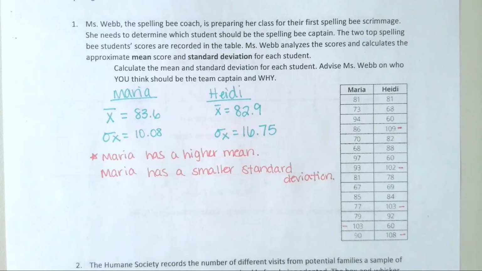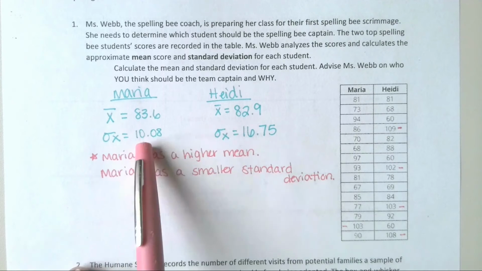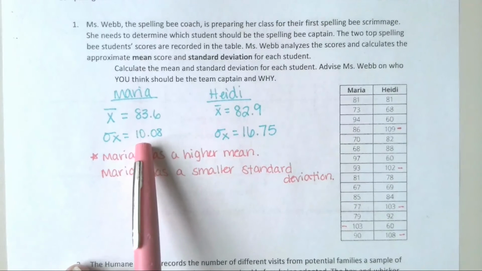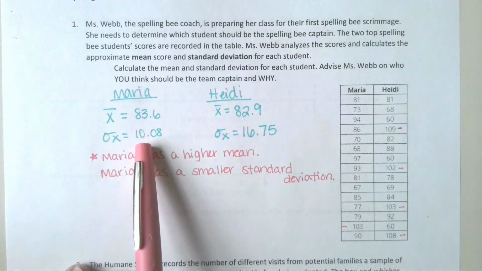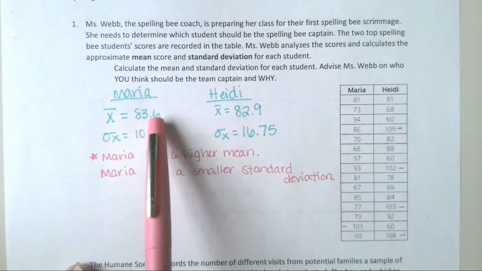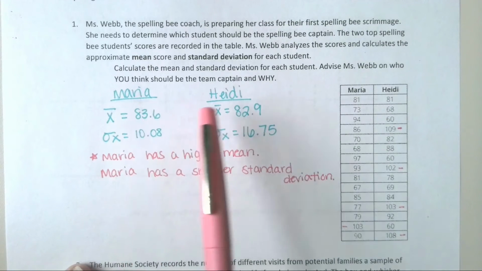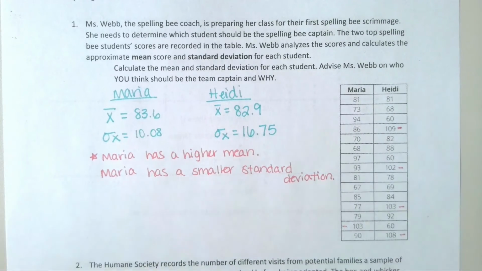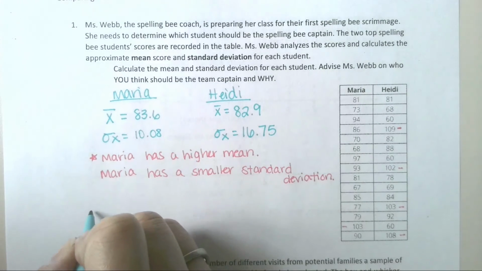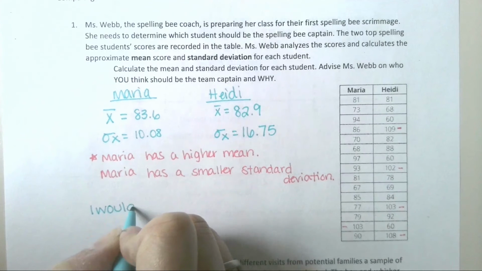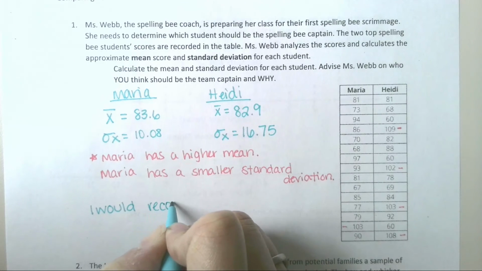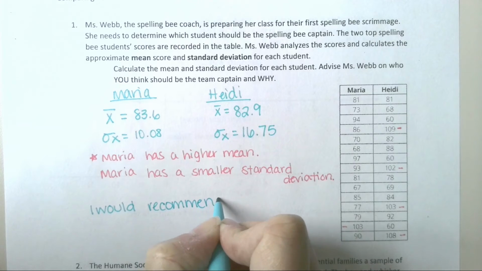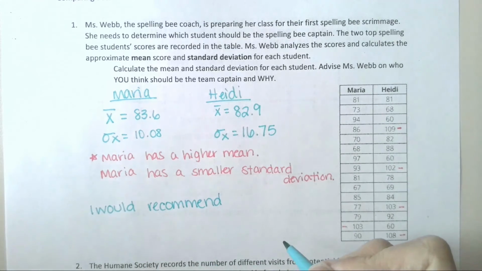What this tells me is that Maria's low standard deviation means that her scores do not deviate from her average as much as Heidi's does. Because of that, I would recommend that Miss Webb makes Maria the spelling bee captain.